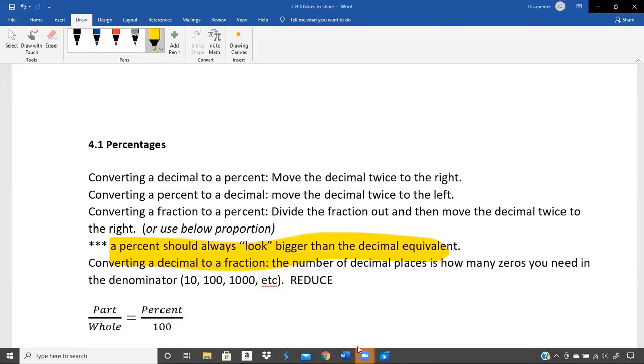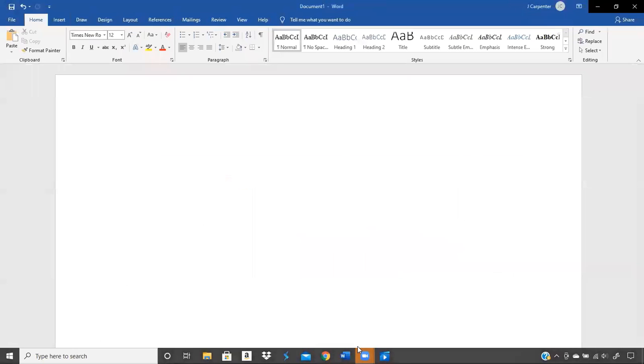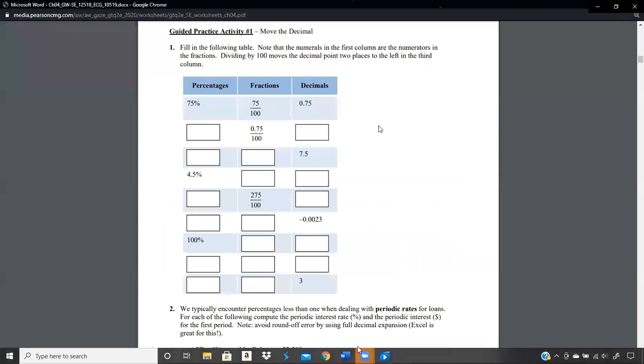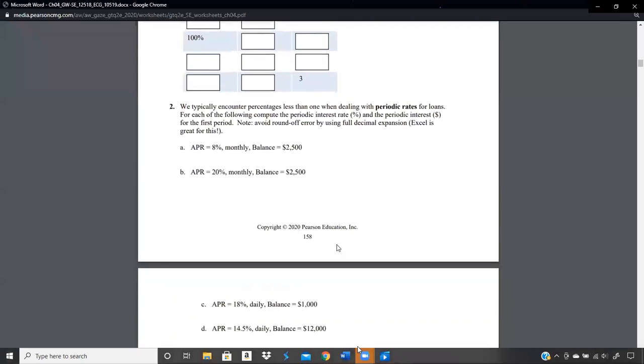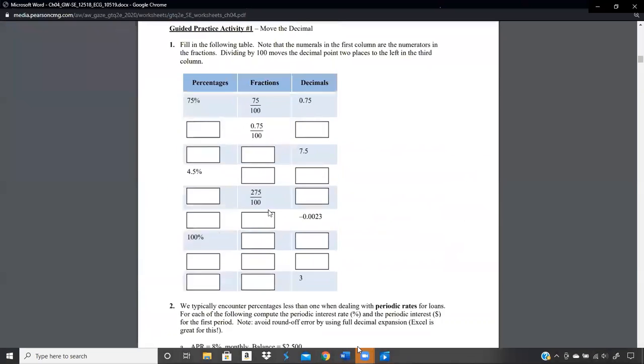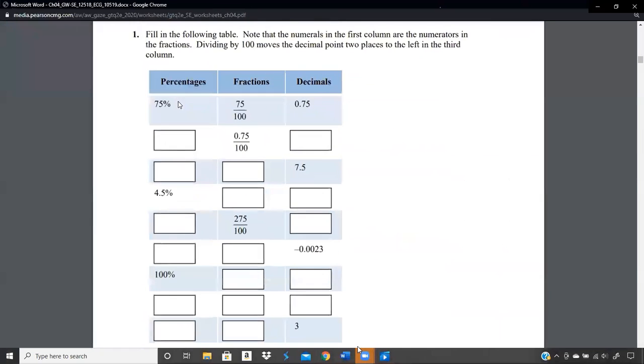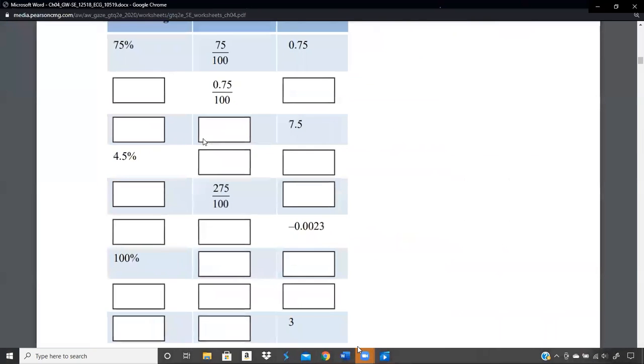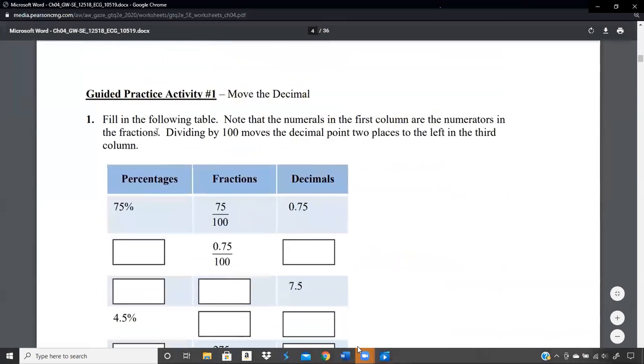So again, what I would like y'all to work on at first is this guided activity from page 158. So we started doing number 2 in class, but we're going back to number 1. So we're going to do this, and we're just going to fill in the table. Notice that the numerals in the first column are the numerators in the fractions.